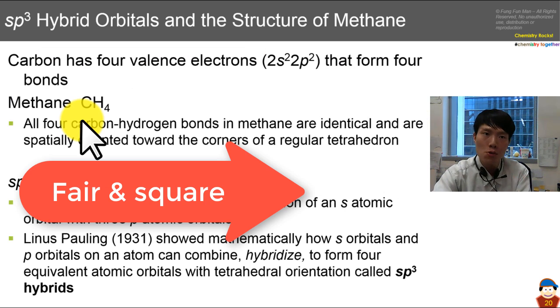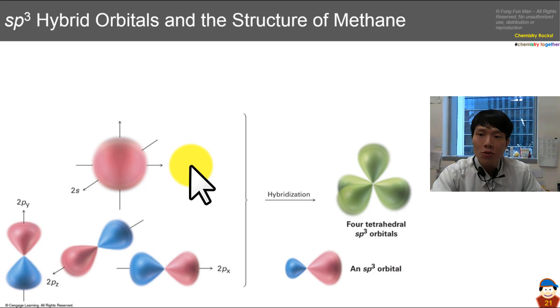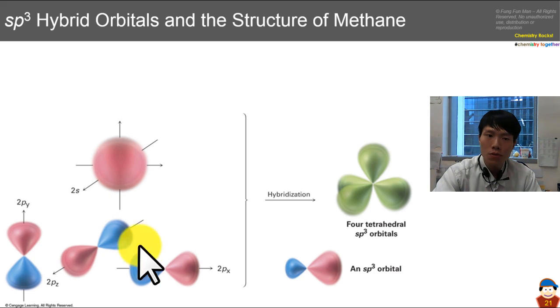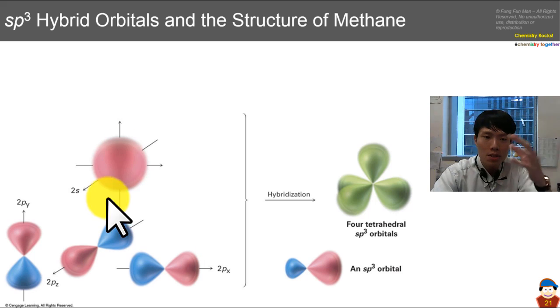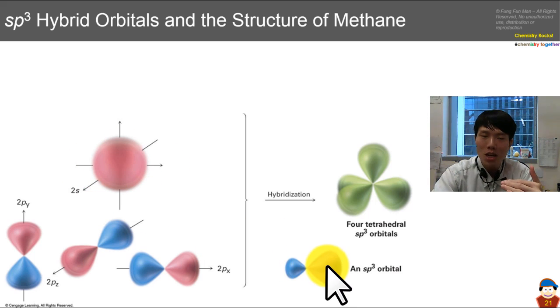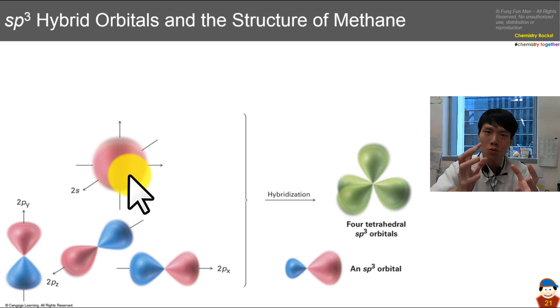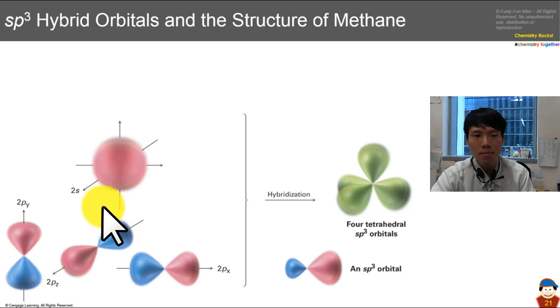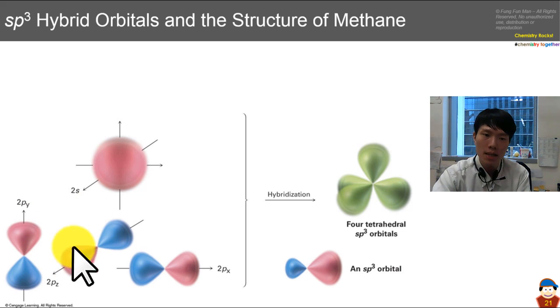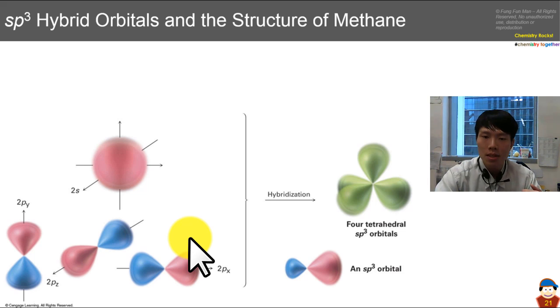So that's why we have a theory called hybridized orbitals. So the 4 orbitals of the carbon will be mixed in such a way that they have the same shape. We call it a hybridized sp3 orbital with the same energy, and they face in a manner that is different from before, because before the s orbital is spherical, but the p orbitals, px, py, pz, are all at right angles to each other.